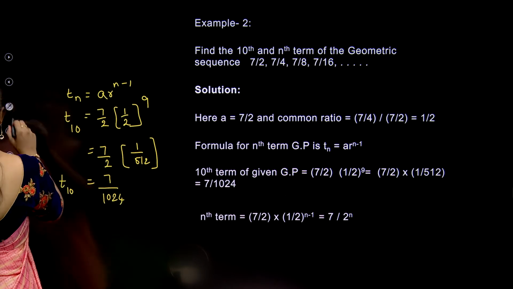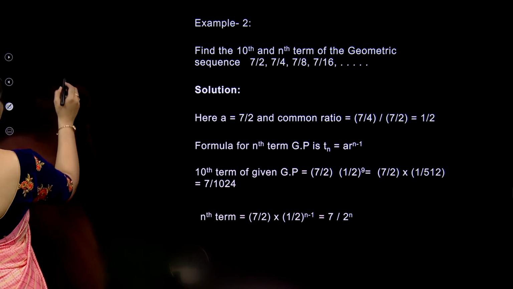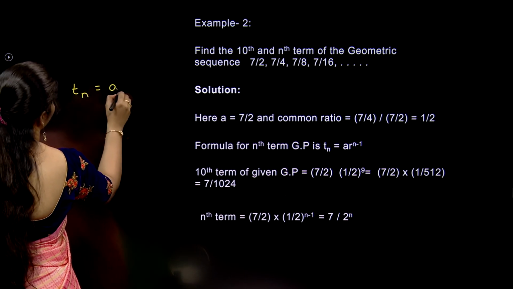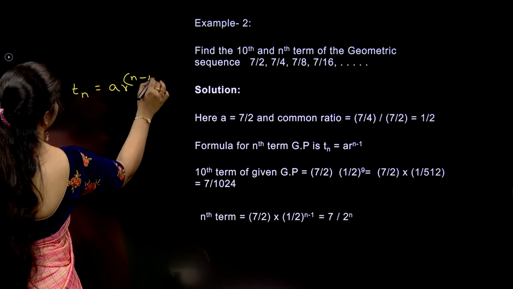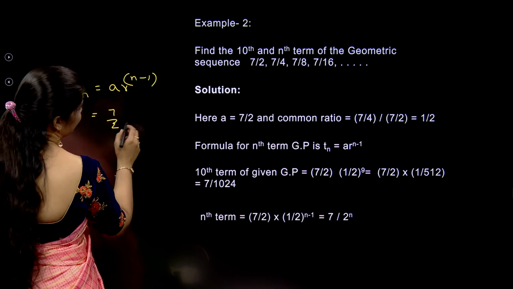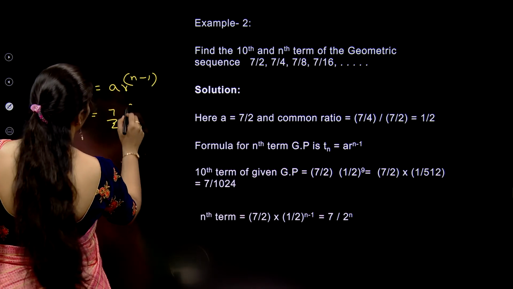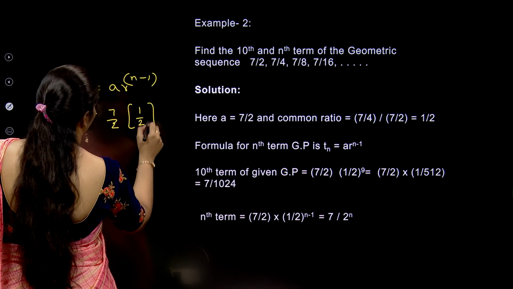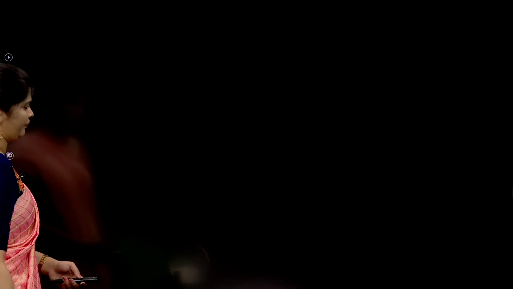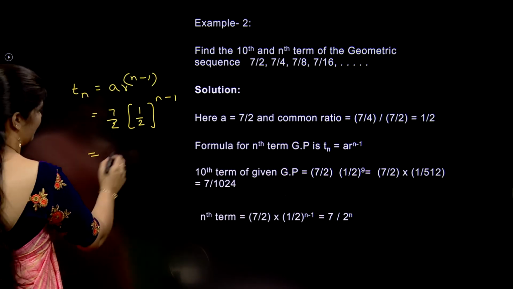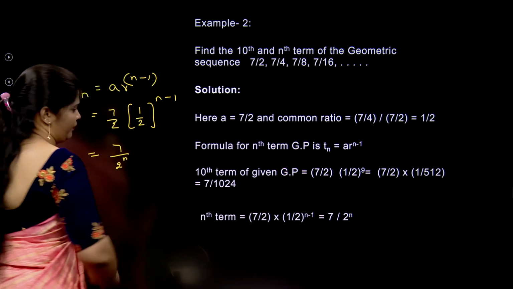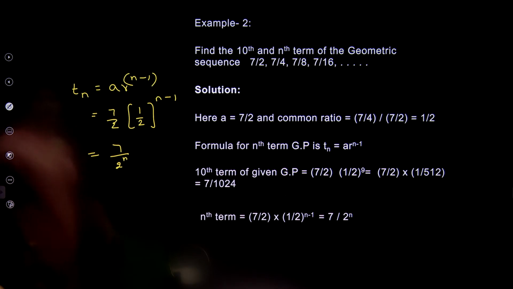Next, nth term. The nth term formula Tn equal to ar power n minus 1. Just substitute the values. A is 7 by 2, r is 1 by 2, and n minus 1. So the value is 7 by 2 power n.